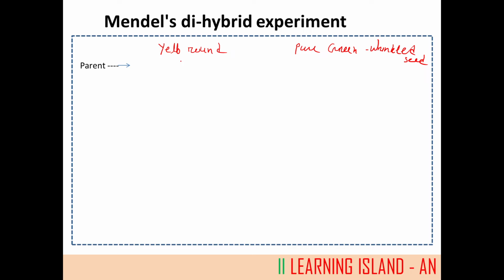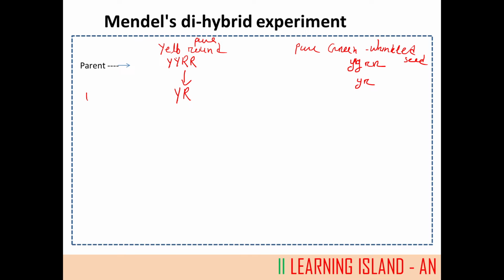So yellow and round, he has symbolized by capital Y and capital R. In this case he has symbolized those by small y, small r. So if we take the gamete from this, we will get capital Y capital R, and from this small y small r.